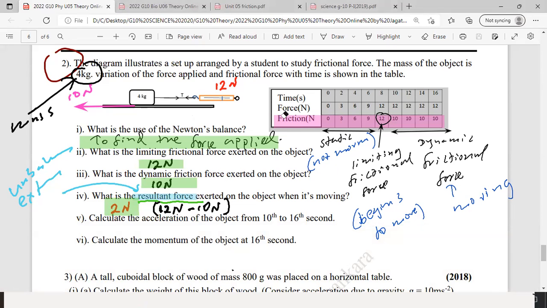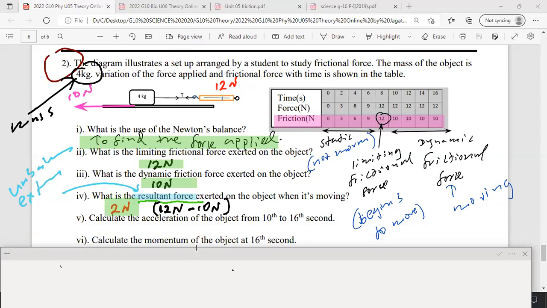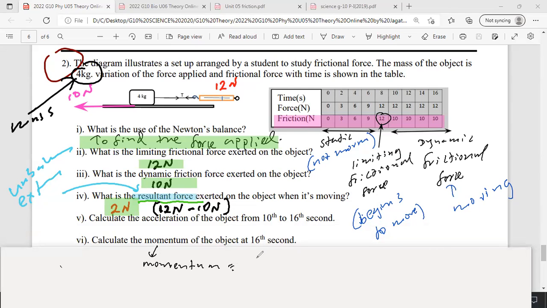The last one is momentum. What is the equation for momentum? Grade 10 chapter 2: momentum equals mv, mass times velocity. Mass is known, 4 kilograms. How to find the velocity?